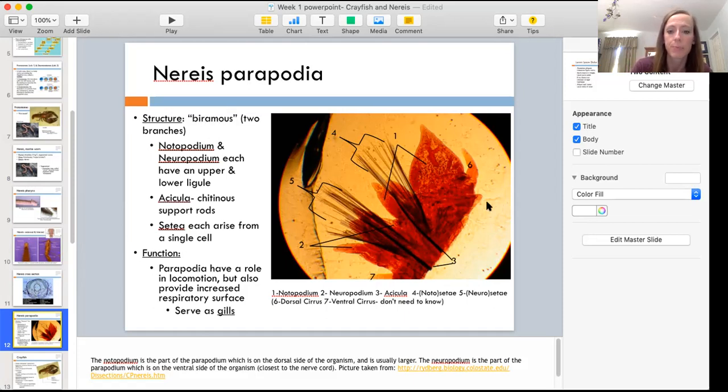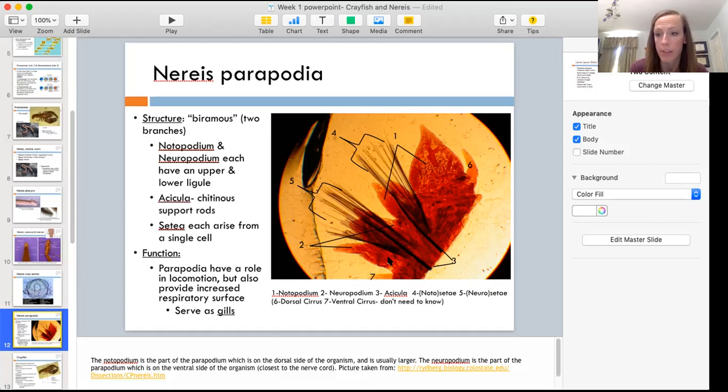The top is the notopodium, the more dorsal side, and it is usually larger. It, as well as the ventral portion, has two parts to it. So this and this are both part of the notopodium. The more ventral section, again with two parts to it, is the neuropodium.